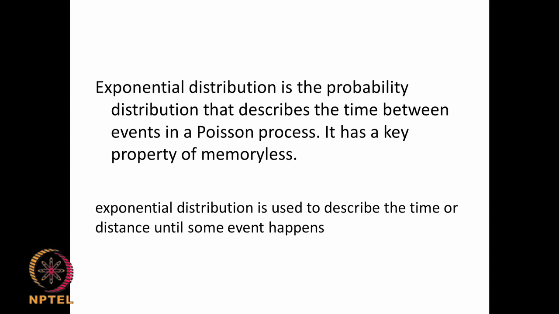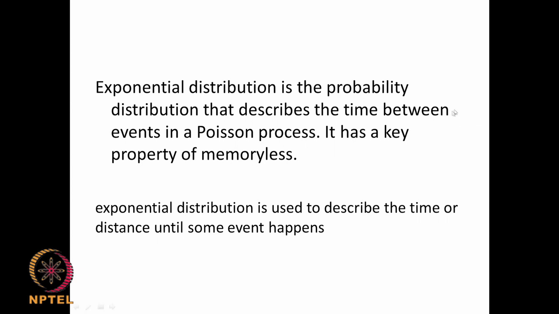There are 10 infant mortalities in South India over a period of 6 months. That sort of information it gives, the number of events. But the exponential distribution gives you the time between events. What is the time it will take for the next event to happen, that sort of times it gives.